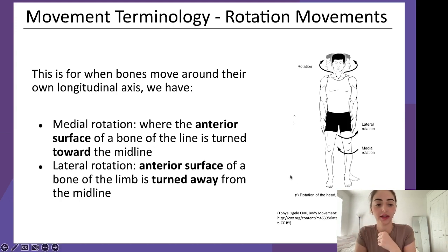Lateral is where the anterior surface of the bone is turned away from the midline. So if you swivel your leg, toward the midline is medial, away from the midline is lateral.